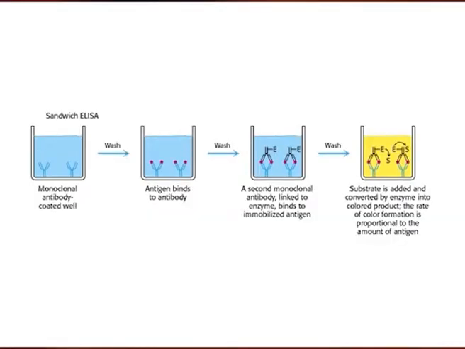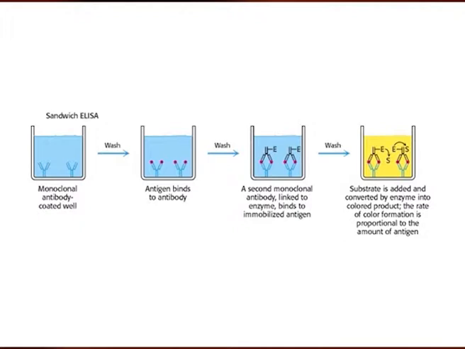The second type of ELISA is sandwich ELISA. Antigen can be detected by sandwich ELISA. In this technique, antibody is coated on the microtiter well. A sample containing antigen is added to the well and allowed to react with the antibody attached to the well, forming an antigen-antibody complex.